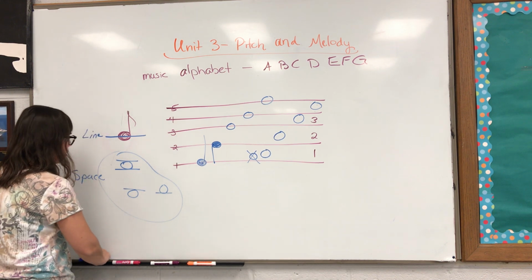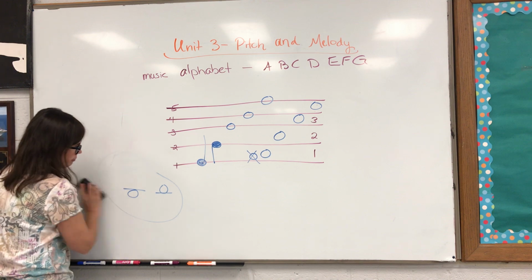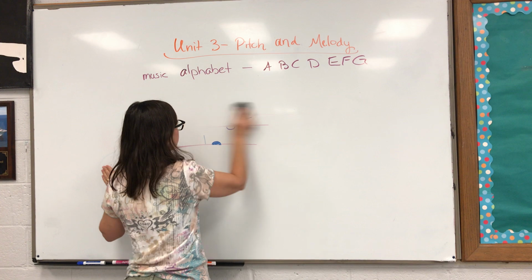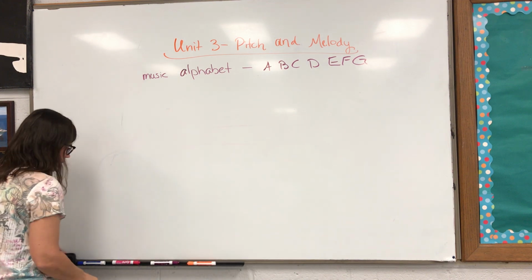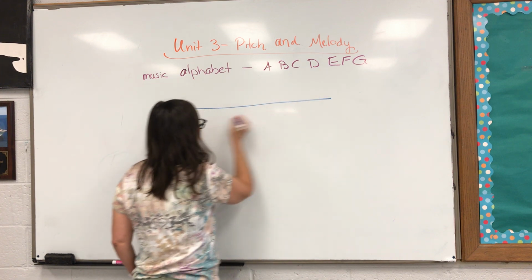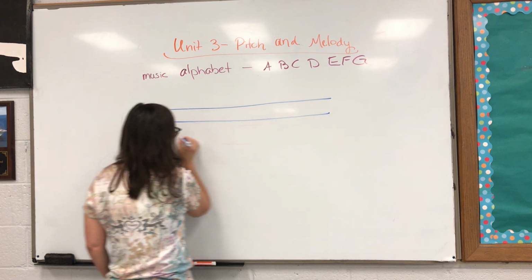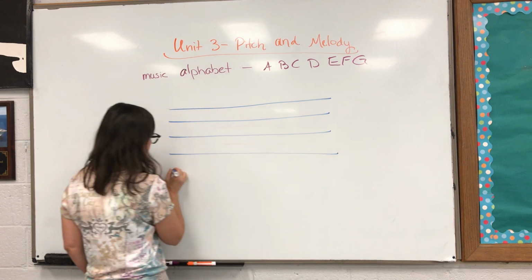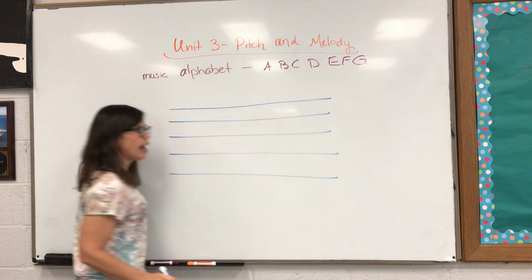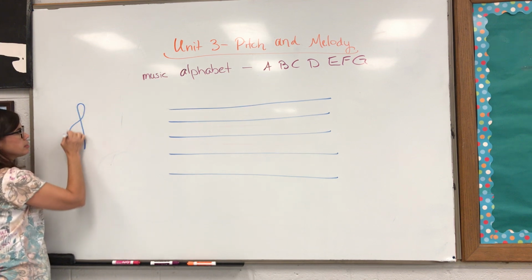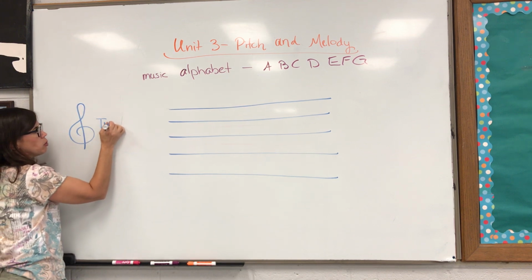Now, the other 2 things I quickly want to point out to you: I want to take a look at 2 more music symbols. These 2 symbols are not notes, and they are not rests. They have a totally different purpose. We have something that looks like this, called a treble clef.